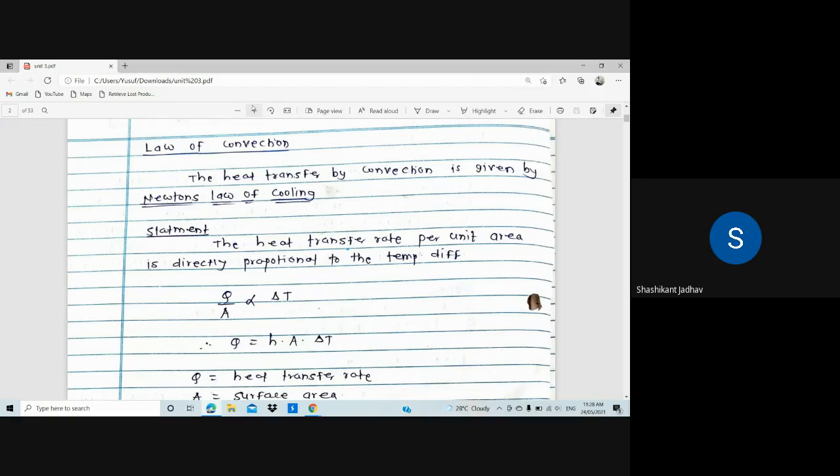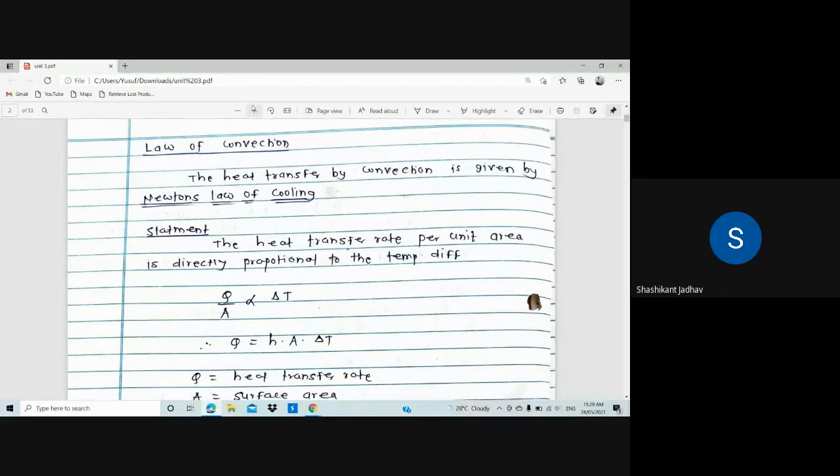As we know, Newton's law of cooling is the law which is related to convection. Write down: the heat transfer by convection is given by Newton's law of cooling.